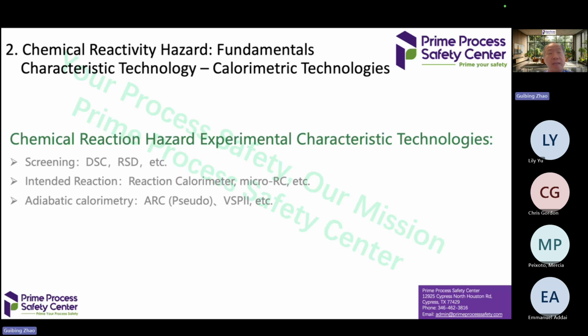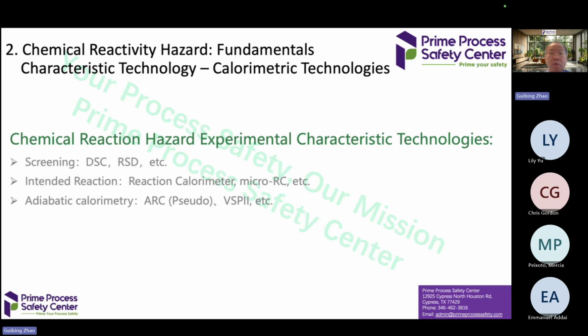For chemical reaction hazards, there are some fundamental testing technologies which can be used to characterize them. For example, for an exothermic reaction, how much energy can be released? These are fundamental questions we should ask.